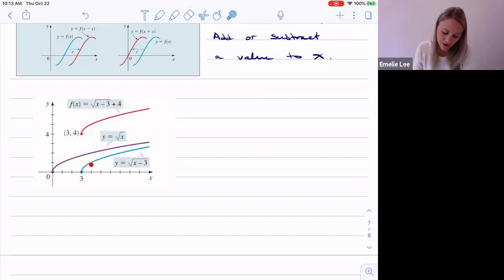Now I've got the root of x minus 3, so I'm starting from this blue graph. If I do the root of x minus 3 plus 4, I have to move all these y values up by 4 units. So we can combine vertical and horizontal shifts.